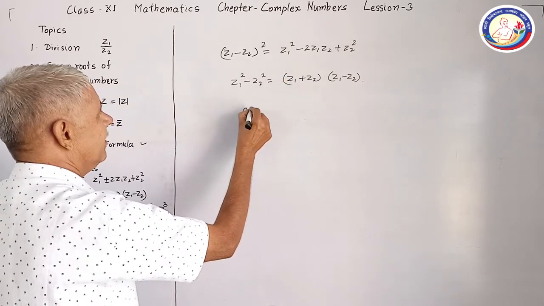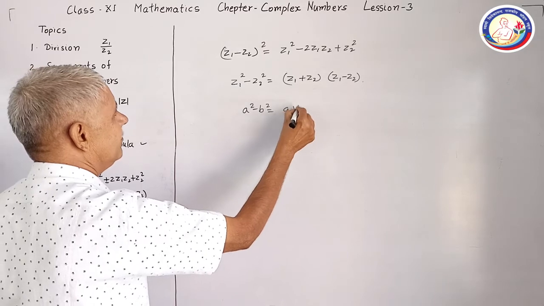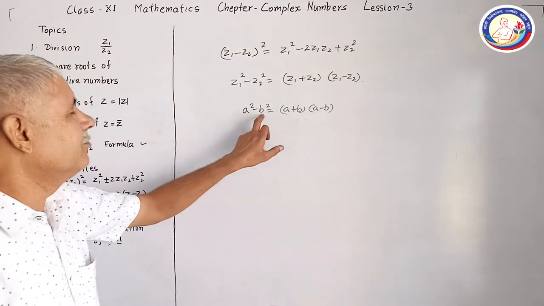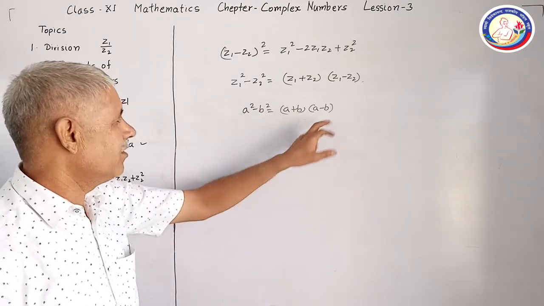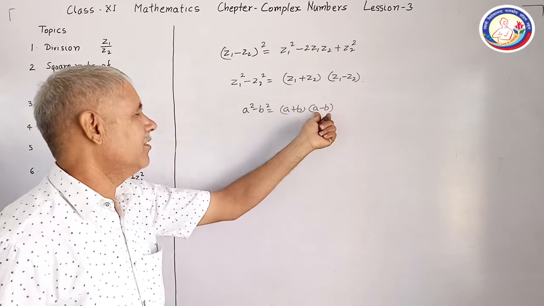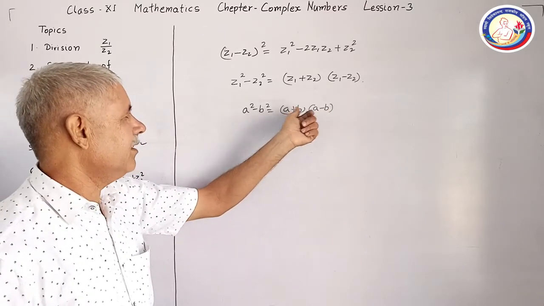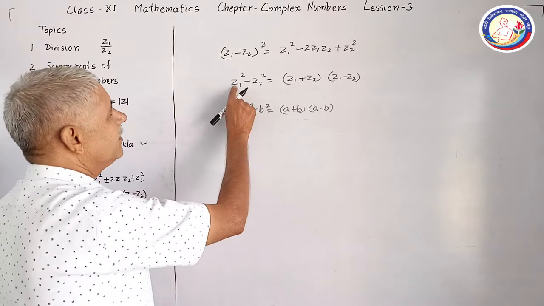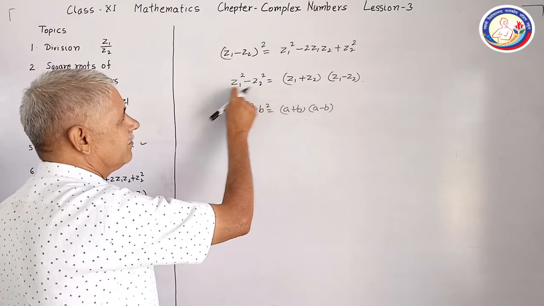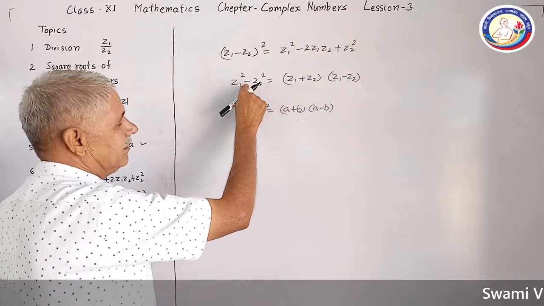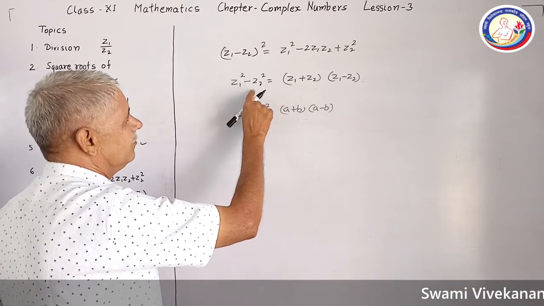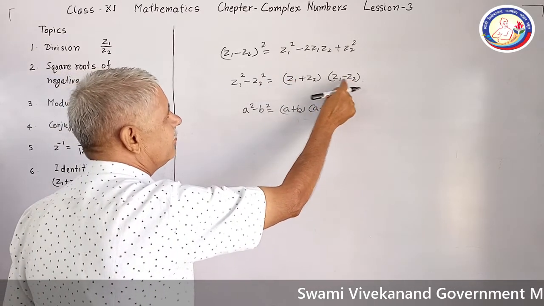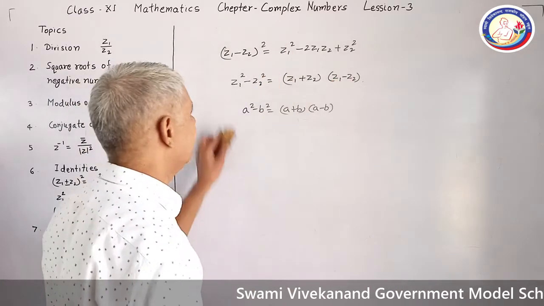We can use the formula here, a square minus b square equal to a plus b into a minus b. The difference of squares of two numbers is equal to the product of the sum and difference of the given two numbers. If we apply here, this is square of z1 and this is square of z2. These are perfect square numbers, and here the sign is minus. So we will add z1 and z2 first and then subtract z2 from z1, and the product will give the result.